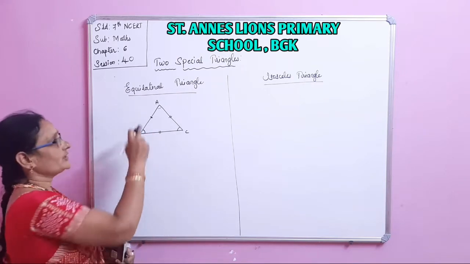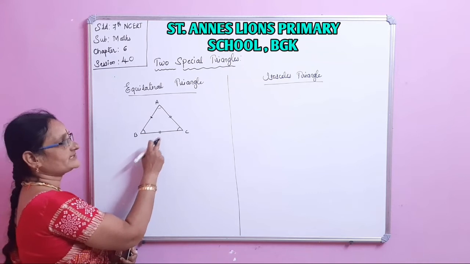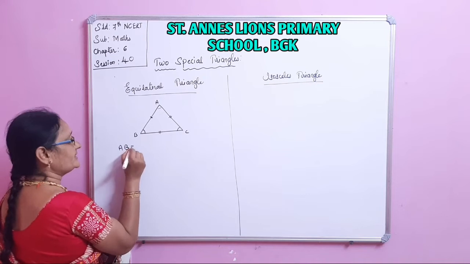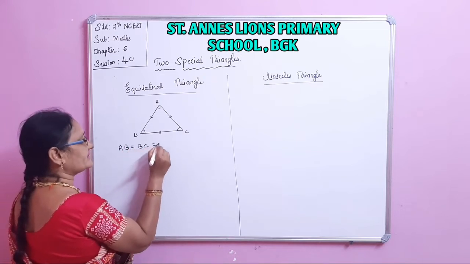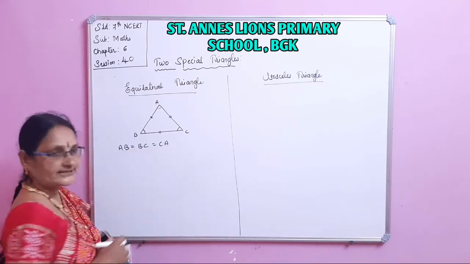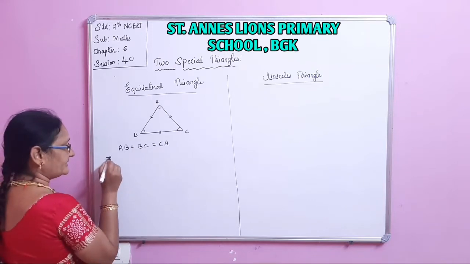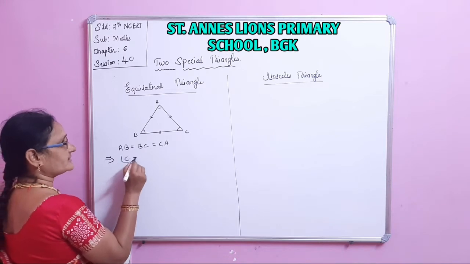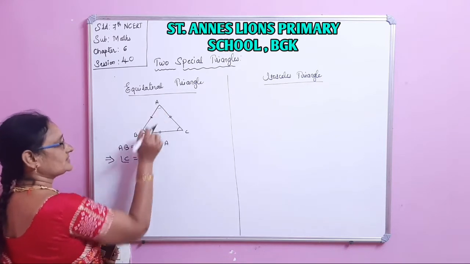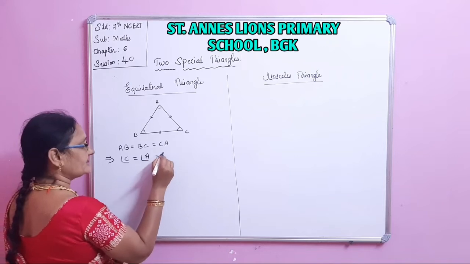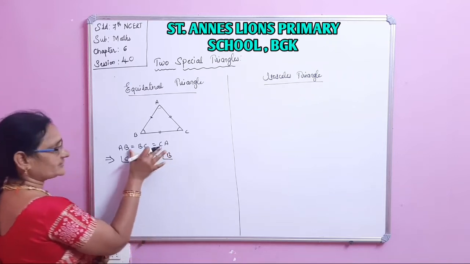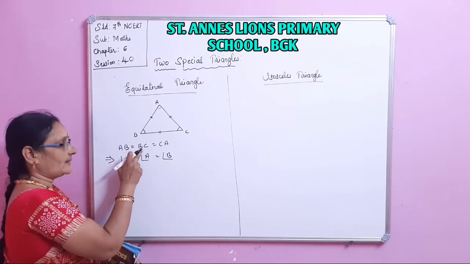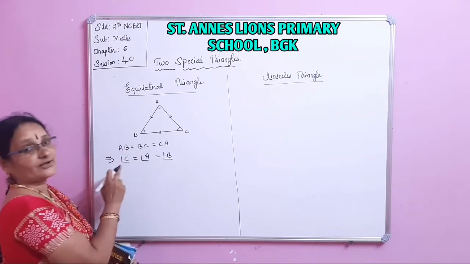That means if AB is equal to BC, BC is equal to CA, all the three sides are equal. This implies that opposite of AB is angle C, opposite of BC is angle A, opposite of CA is angle B, so angle C is equal to angle A is equal to angle B. If three sides are equal, then their opposite angles are also equal.